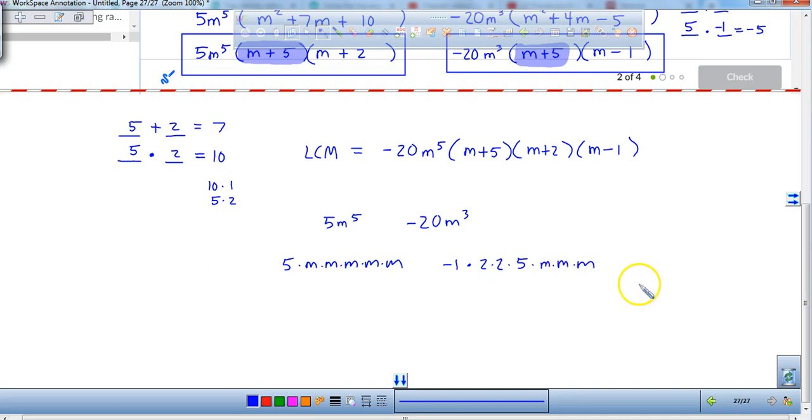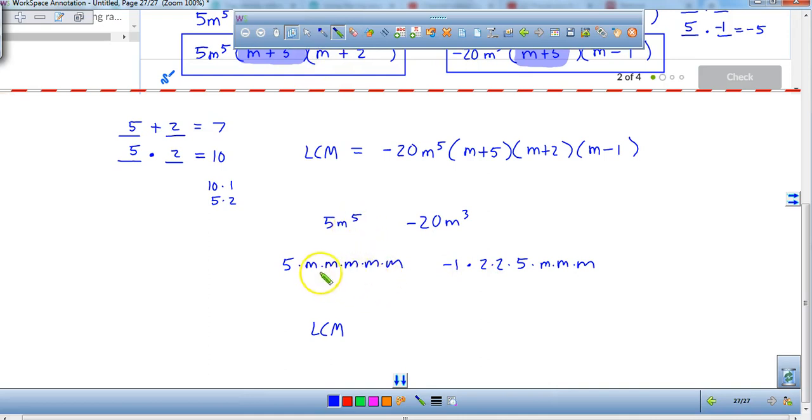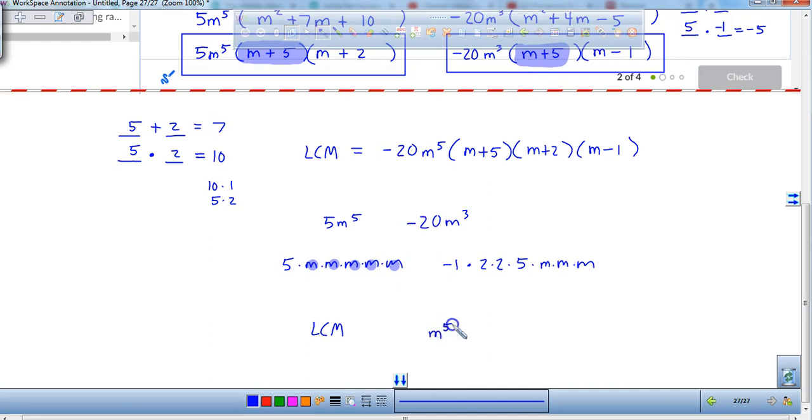So what we have to do is find what's called the least common multiple between these two. The least common multiple has to have 1, 2, 3, 4, 5. It's got to have at least m to the power of 5. So I know I have to have m to the power of 5.